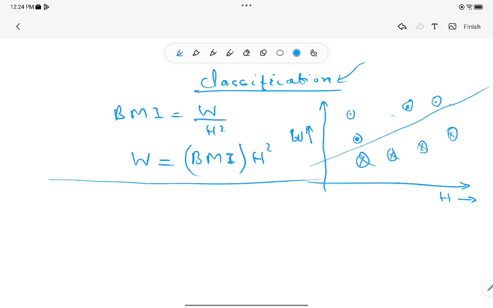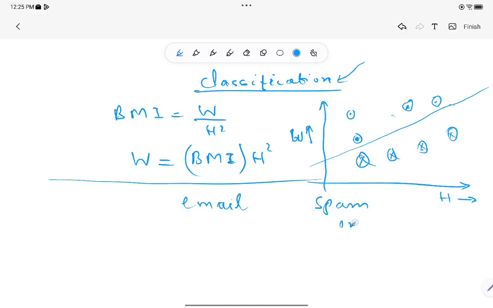Now we are talking about linear classification. Weight and height are not the only types of inputs. This is not the only case in which classification is involved. There are many other cases. For example, classification is involved when you have to classify whether a given email is spam or non-spam.